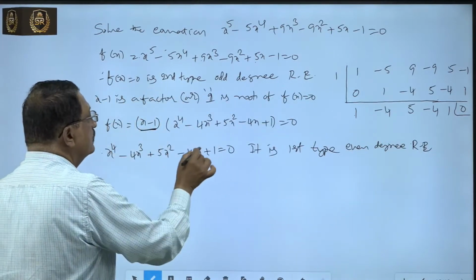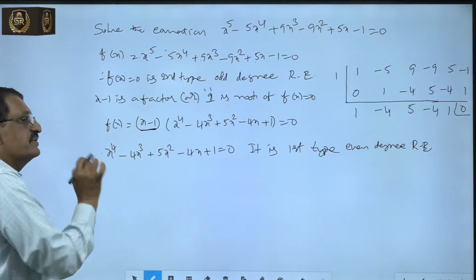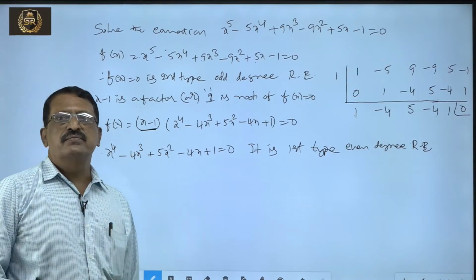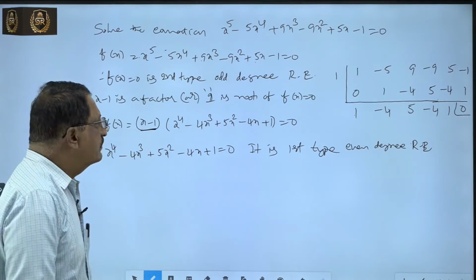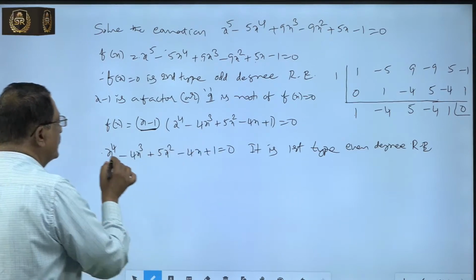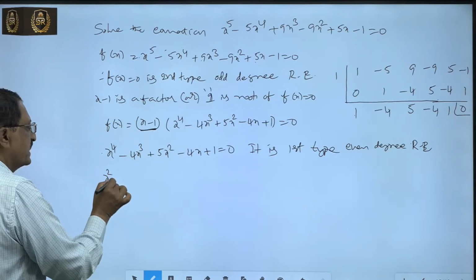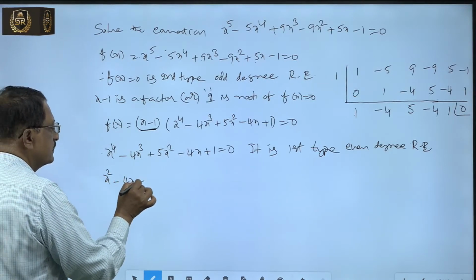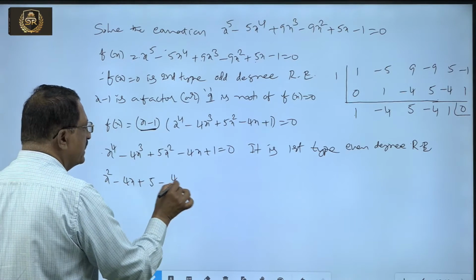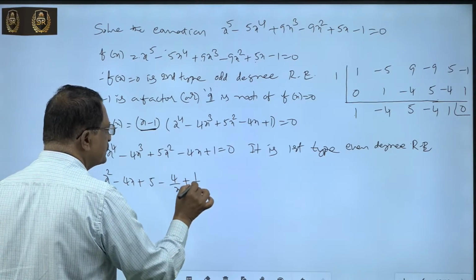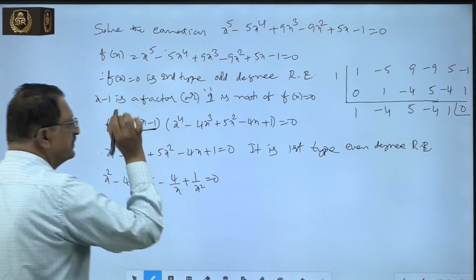Now, here the degree of the equation is 4, so 2k equals 4, k equals 2. The complete equation is divided by x square. Dividing by x square, we get x square minus 4x plus 5 minus 4 by x plus 1 by x square equals 0.